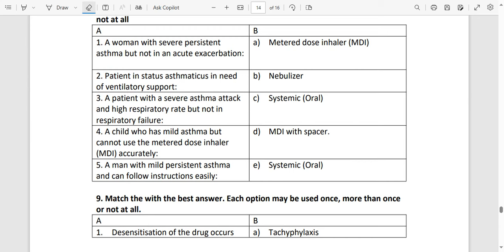You can give them orally. It's not an acute attack. They still have time for it to be absorbed, right? So that will be systemic oral. Pardon me, I was also supposed to put systemic IV.